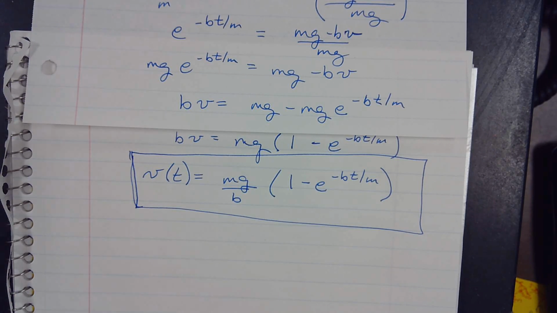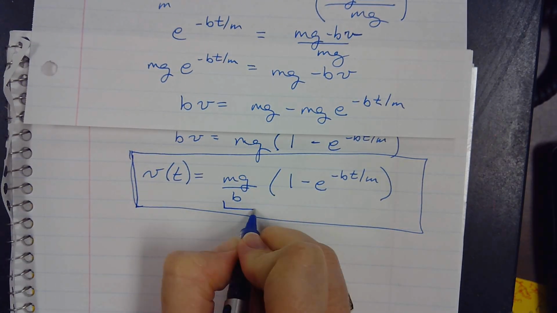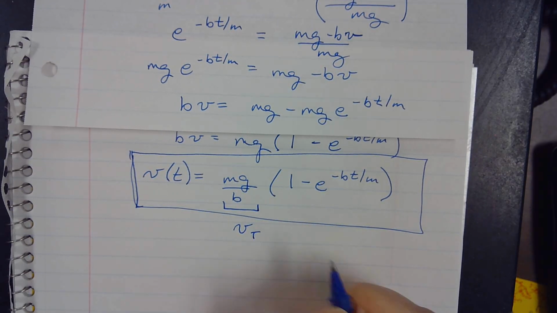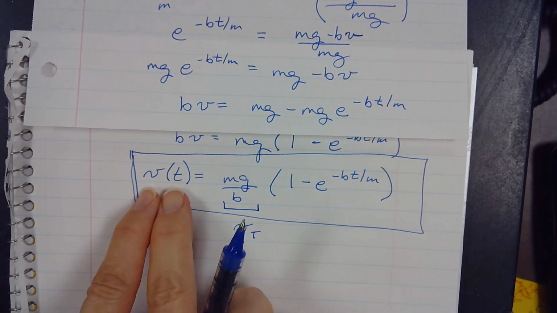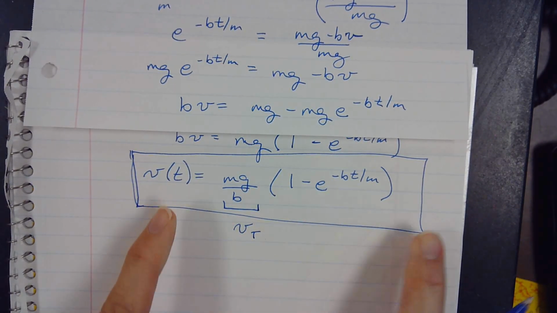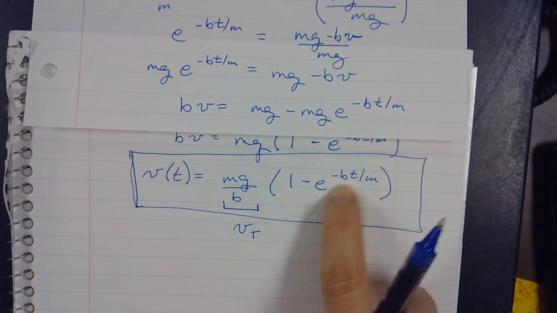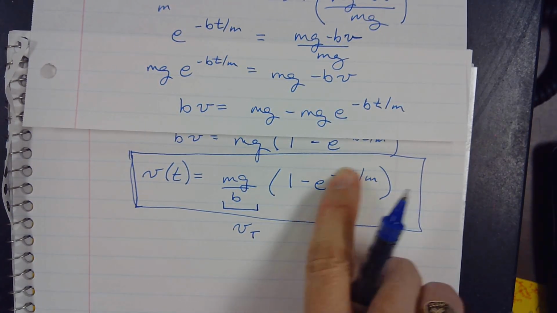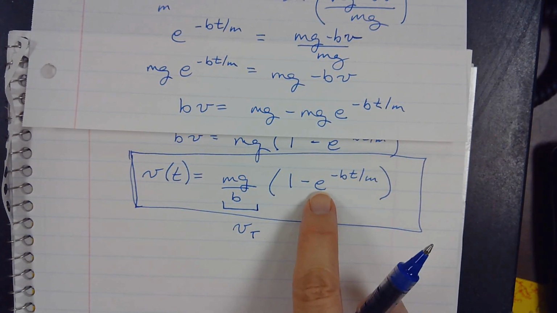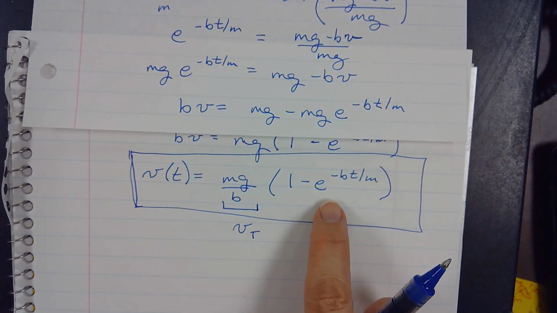Now, you may have forgotten because it was 2 full pages ago, but this is the terminal velocity. So what this equation says is that your velocity is a function of time. Time goes in here. Now remember, as time gets greater, this contribution gets smaller. So as there's more and more time, you're subtracting off a smaller and smaller number.